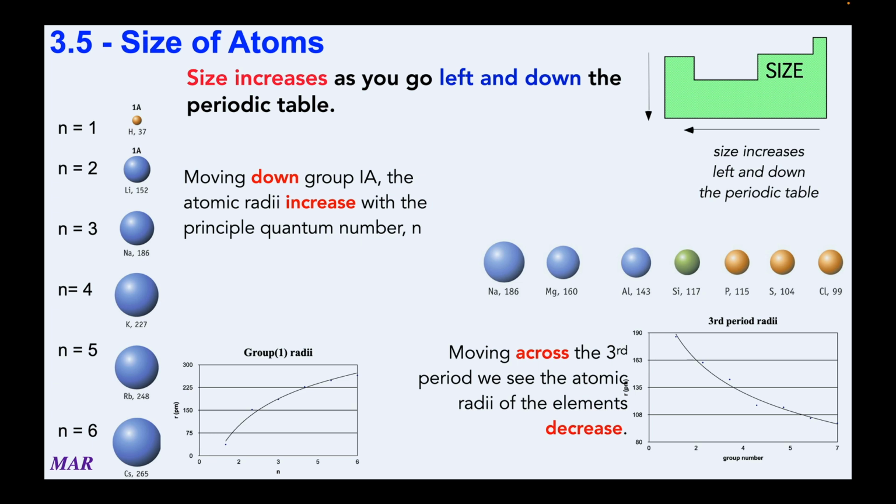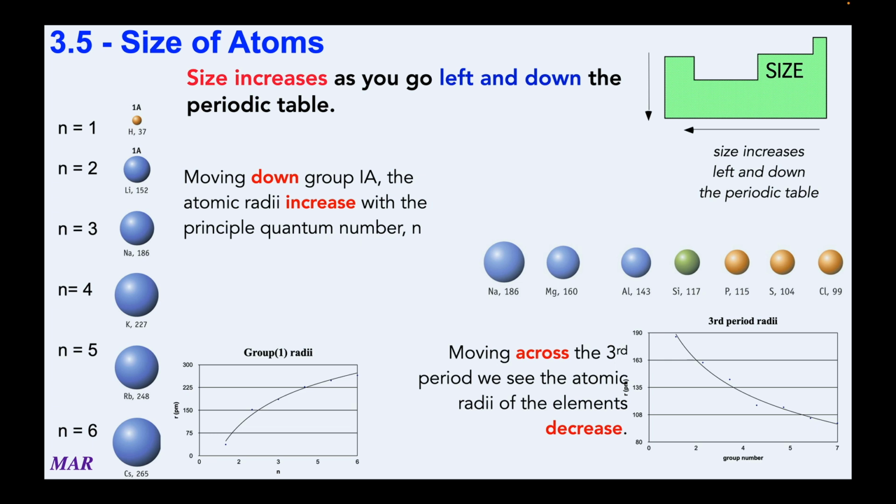So atoms get bigger as you go down the periodic table. They generally get bigger as you go left across the periodic table as well. The atoms on the right kind of tend to get shielded a little bit, and the atoms on the left don't. So this is an example of chlorine through sodium, and you can see that pretty much the atoms are getting bigger as you go left. So if someone asks you a question, i.e. your instructor, which atom is bigger, sodium or magnesium?